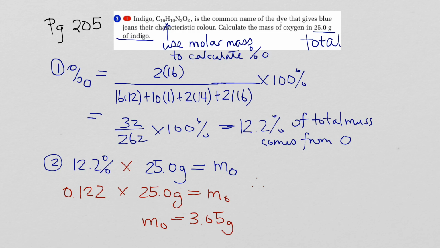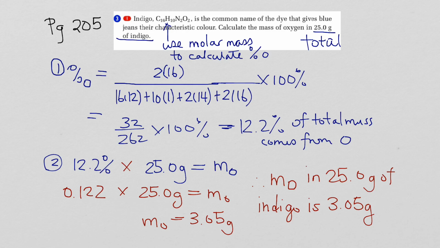So then, the mass of oxygen in 25 grams of indigo is 3.05 grams. Or another way of saying this is oxygen takes up 3.05 grams in 25 grams of indigo.